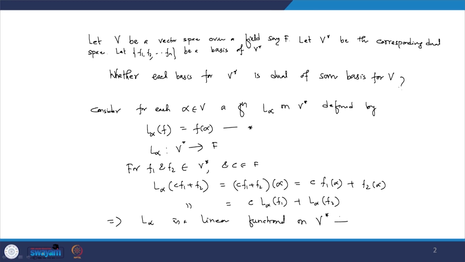So, for each alpha we have introduced a linear functional L alpha like this, which implies that L alpha belongs to V star star. This is called the double dual space, please.